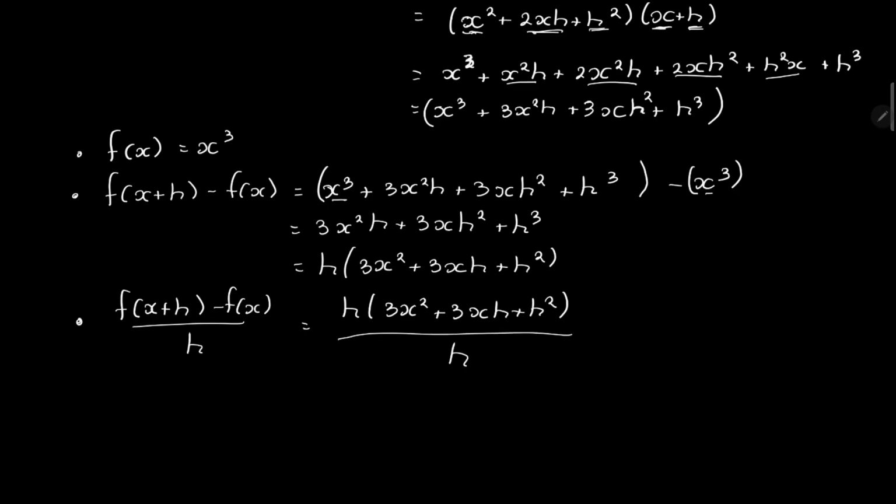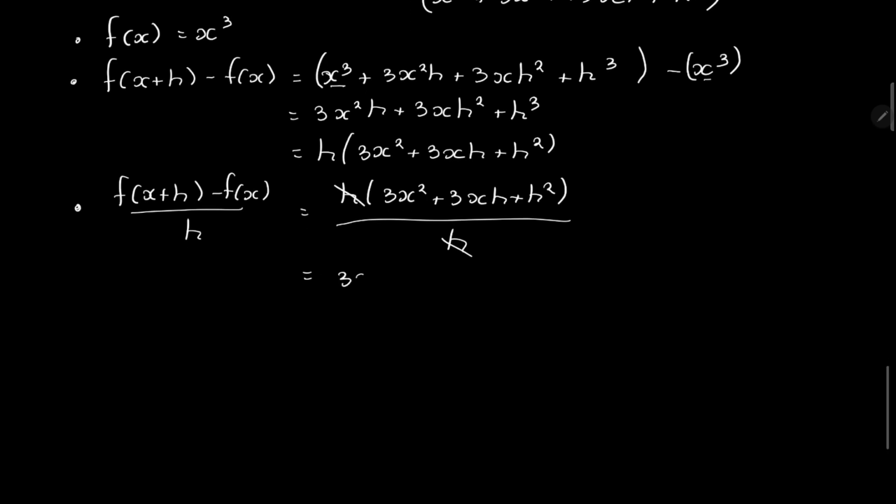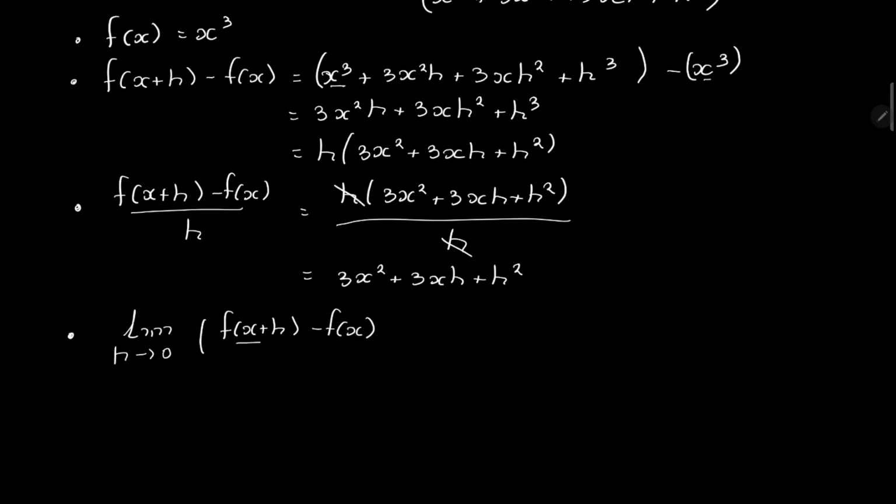We notice that h is common in the numerator and the denominator, so they both cancel out, which leaves us with 3x squared plus 3xh plus h squared. Calculating the limit as h tends to 0 of this term, it is the limit as h tends to 0 of 3x squared plus 3xh plus h squared.